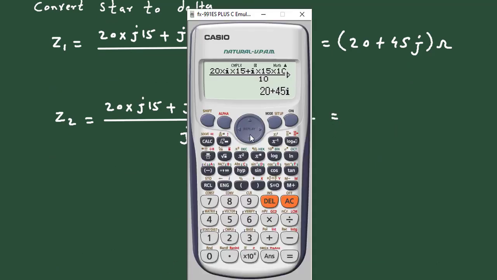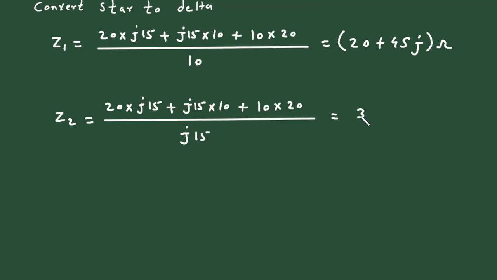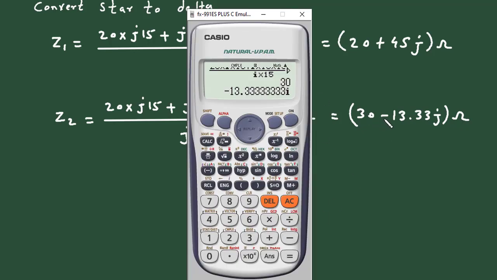Now it is equal to J into 15. So this is 30 minus 13.33 J ohm.